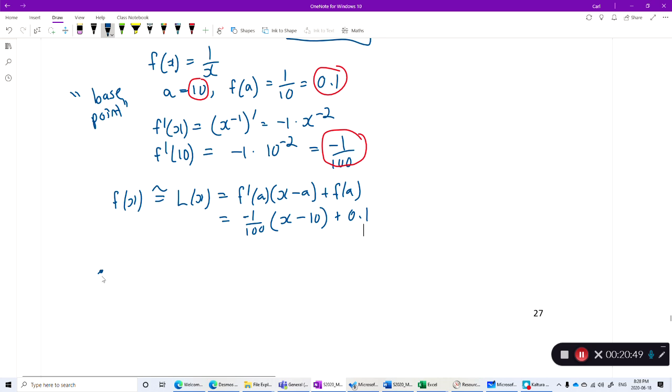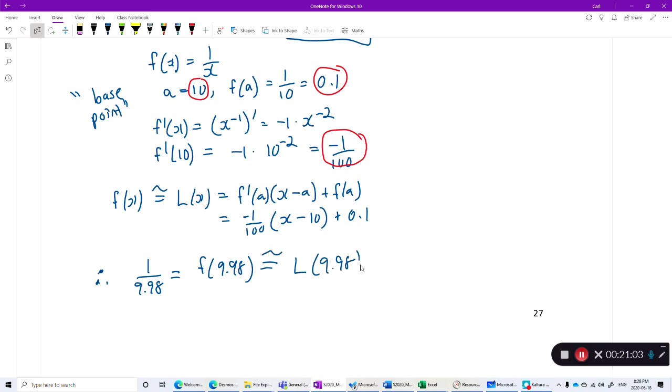So therefore, 1 over 9.98, which is f of 9.98, should be approximately L of 9.98, which I plug into the linear approximation, and I'm going to be able to evaluate this without too much difficulty.